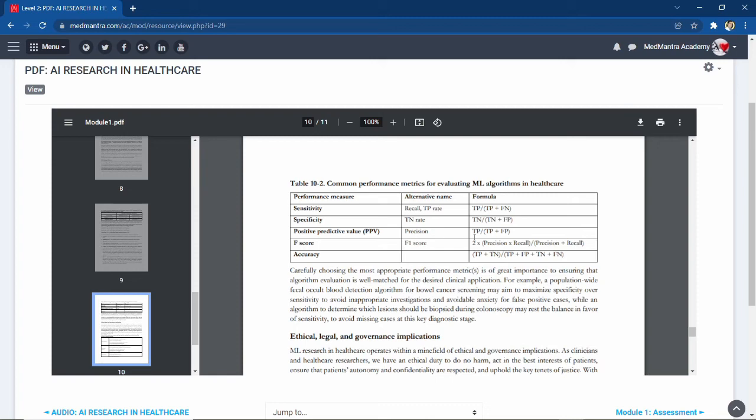From the groups that we discussed, like true positive, false positive, true negative, and false negative, we can derive multiple common performance metrics like accuracy, sensitivity or recall, specificity, positive predictive value or precision, F score, precision recall curve, receiver operating characteristic or ROC curve.